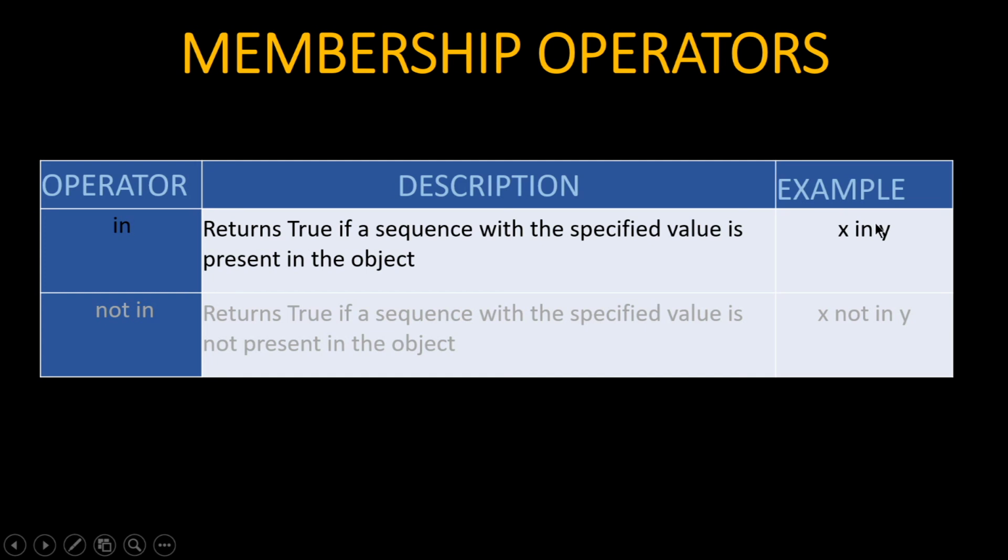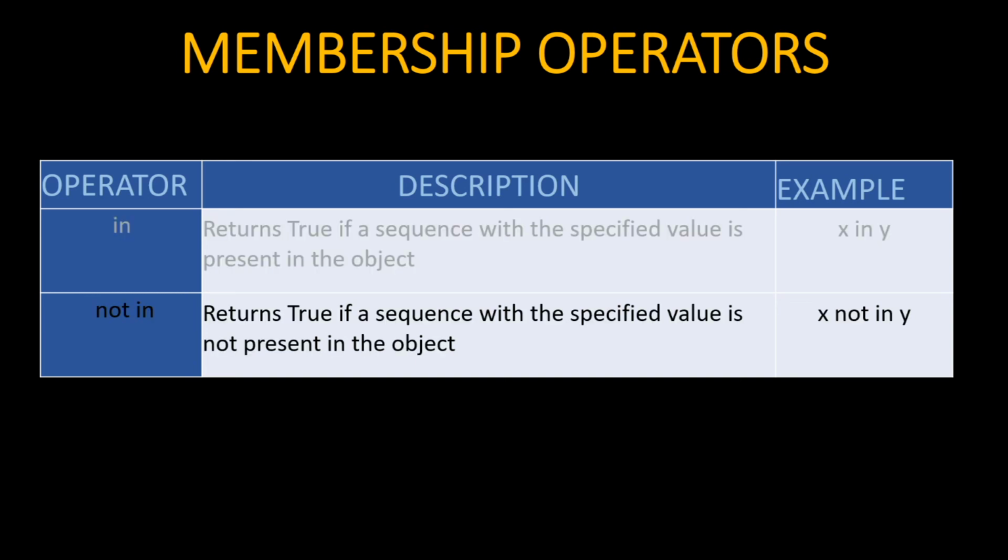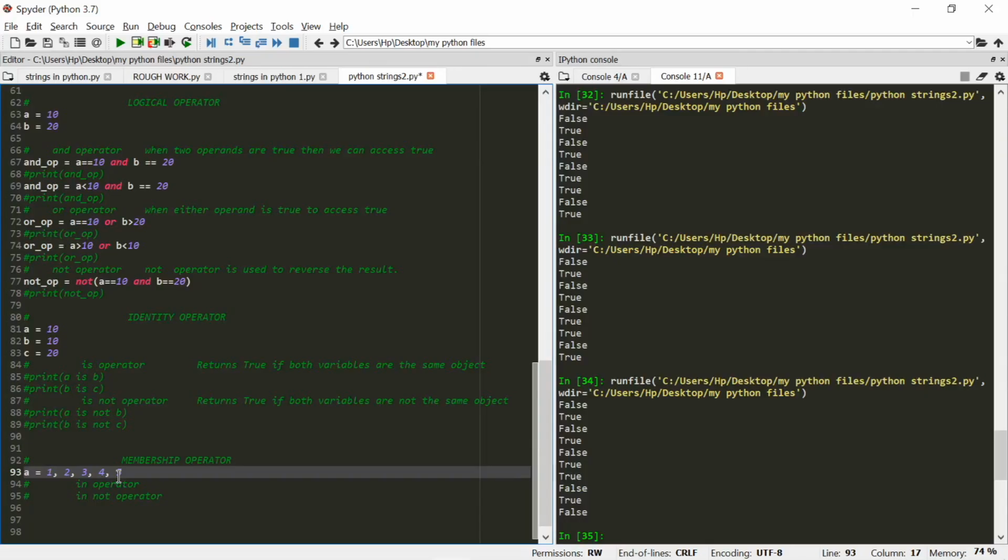If x is present in y, it will return true, and if x is not present in y, it will return false. And our next is the not in operator. The not in operator returns true if a sequence with a specified value is not present in the object.